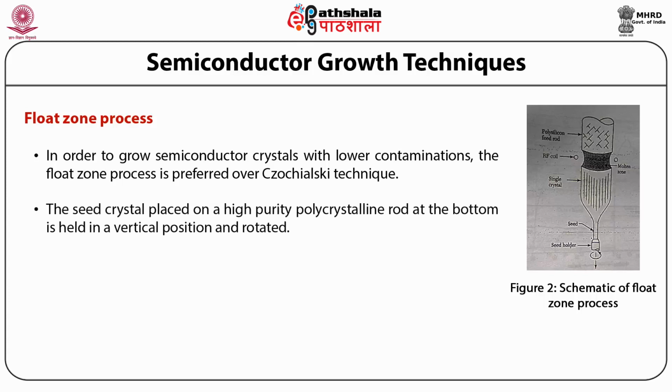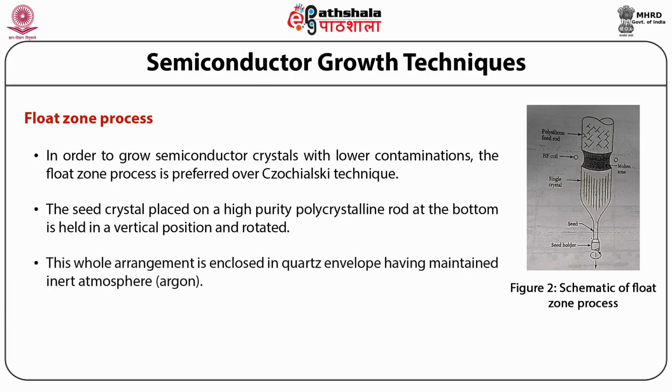The seed crystal is placed on a high purity polycrystalline rod at the bottom, which is held in a vertical position and is rotated. So this whole arrangement is enclosed in a quartz envelope, maintaining an inert argon atmosphere.